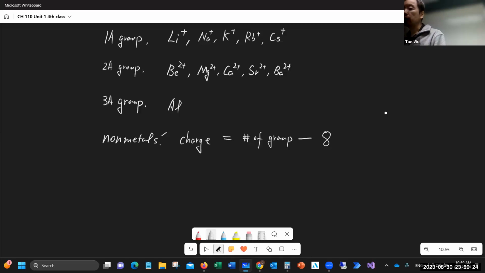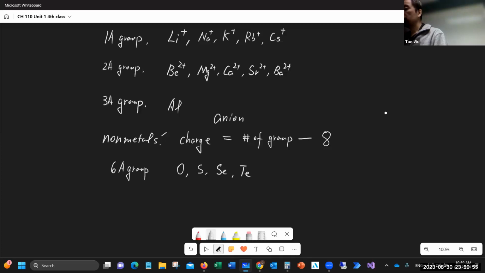For example, if we have a 6A group, that's oxygen, sulfur, selenium, and tellurium. So for these, again, the non-metal usually is anion.